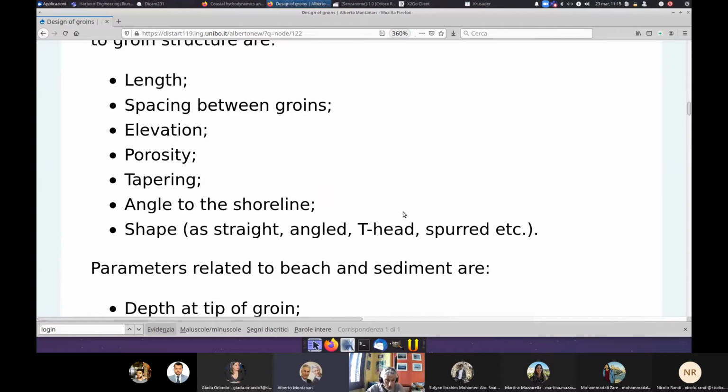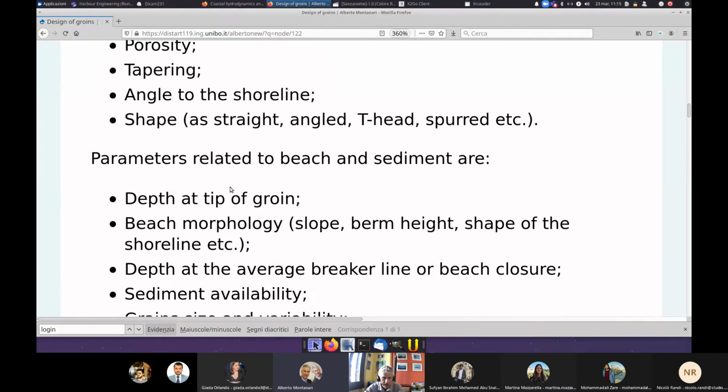Then the angle of the groins to the shoreline, and of course their shape, I mean straight shape rather than T-head, etc.